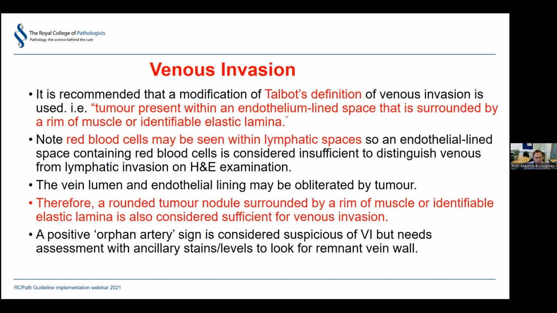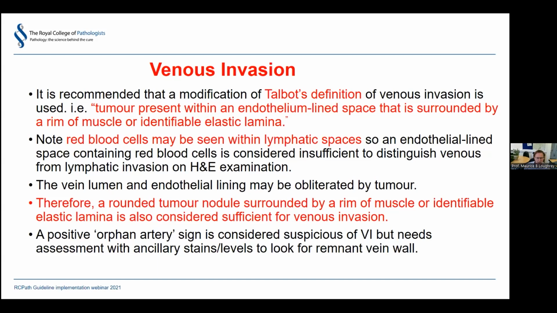And also, and I have to flag that some of the consultation responses we got were very useful here, it was pointed out to us that often we see tumor completely obliterating the vein lumen and we don't see any endothelial lining, and therefore we can't really rely on that in all circumstances for defining venous invasion. So we've taken that on board and we've changed the definition to indicate that a tumor nodule surrounded by a rim of muscle or identifiable elastic lamina is also enough for venous invasion.